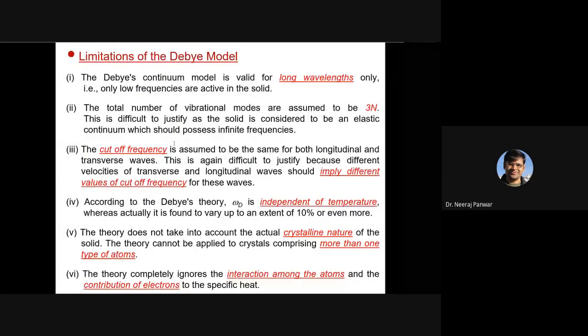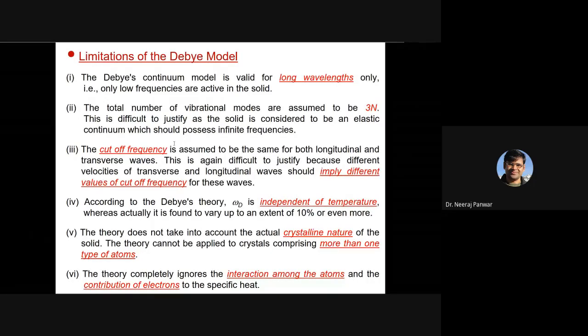However, experimentally it was observed that heat capacity decreases proportional to T cube, and this T cube behavior was very well explained by the Debye model. So we have the Debye theory of specific heat, and we also explained the phonon density of states.